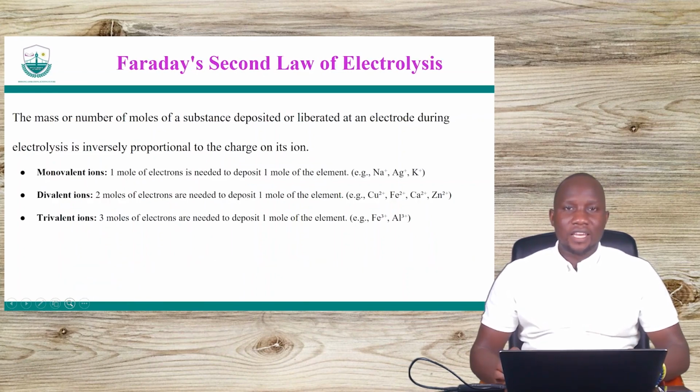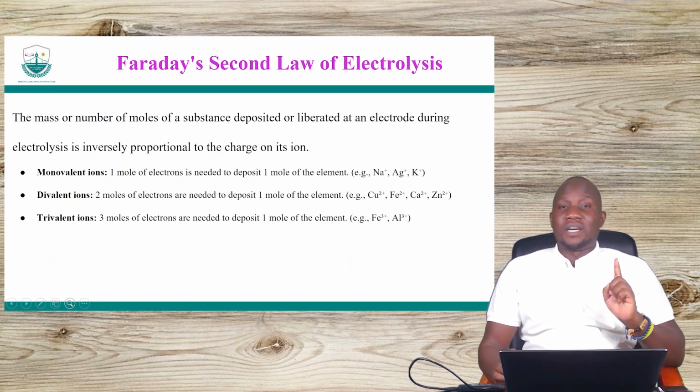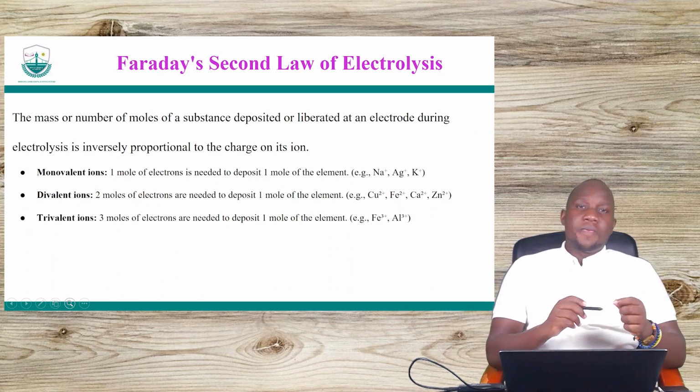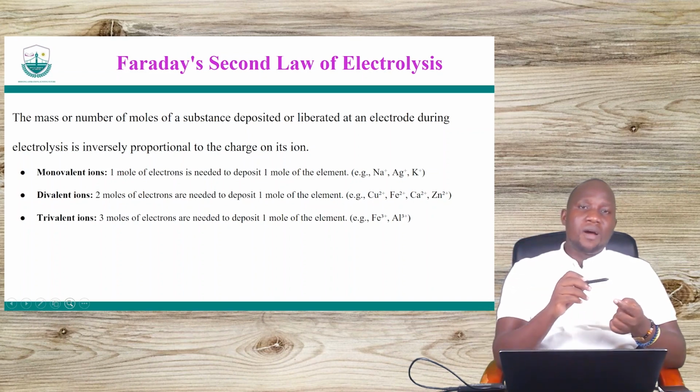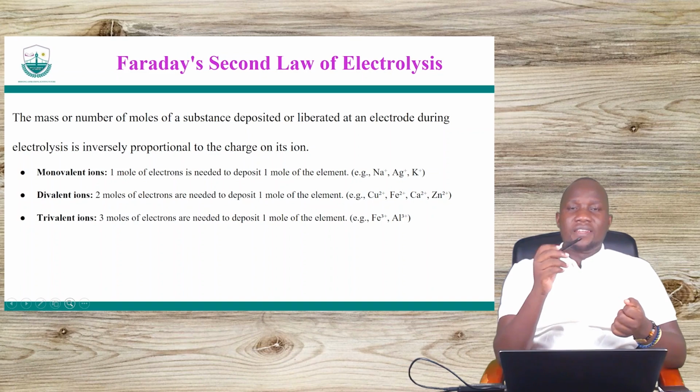So let's look at Faraday's second law of electrolysis, which is that the mass or the number of moles of a substance deposited or liberated at an electrode during electrolysis is inversely proportional to the charge on its ion. That means you don't have both of them increasing. When the number of moles or the mass increases, the charge on the ion decreases.